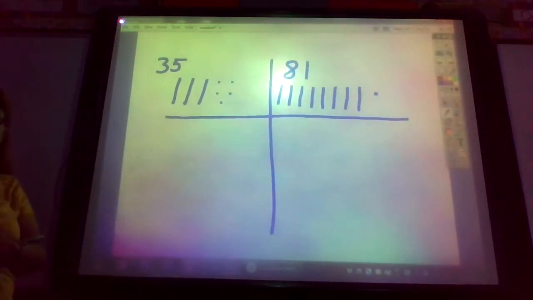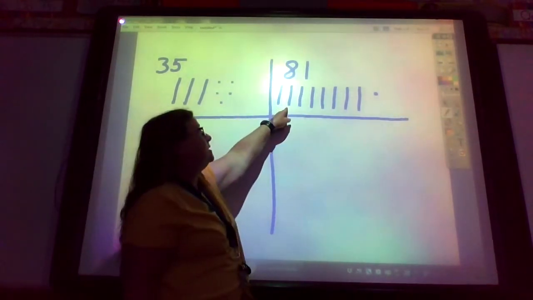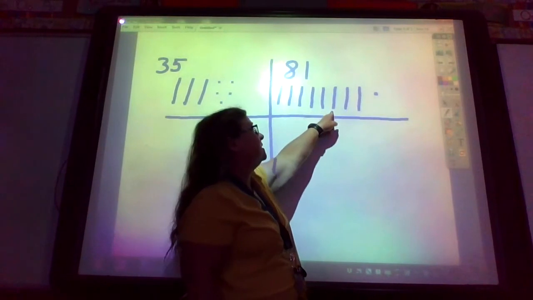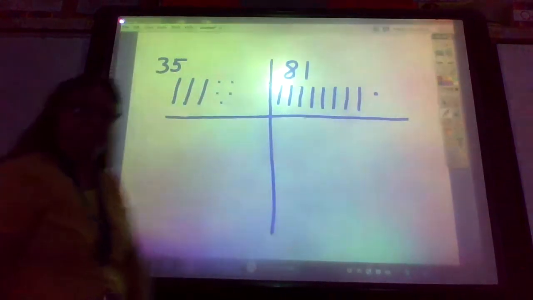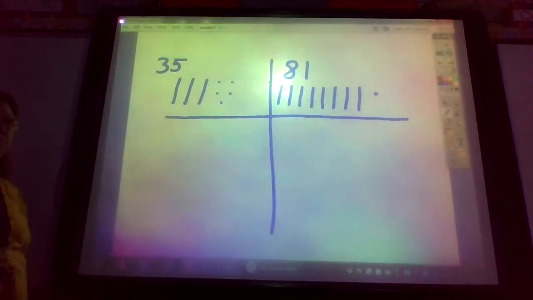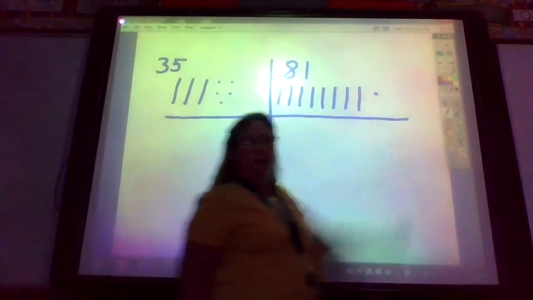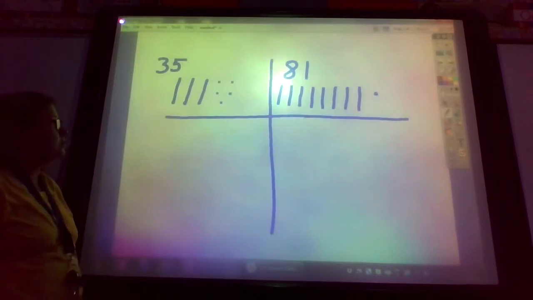And there's my 81. I just drew quick draws. Easy to count. My long ones are 10s. My dots are 1s. Okay? So make sure you have that one drawn.